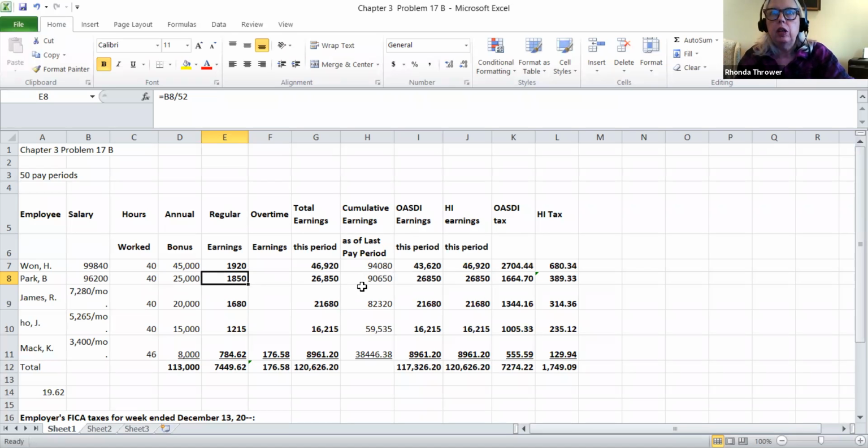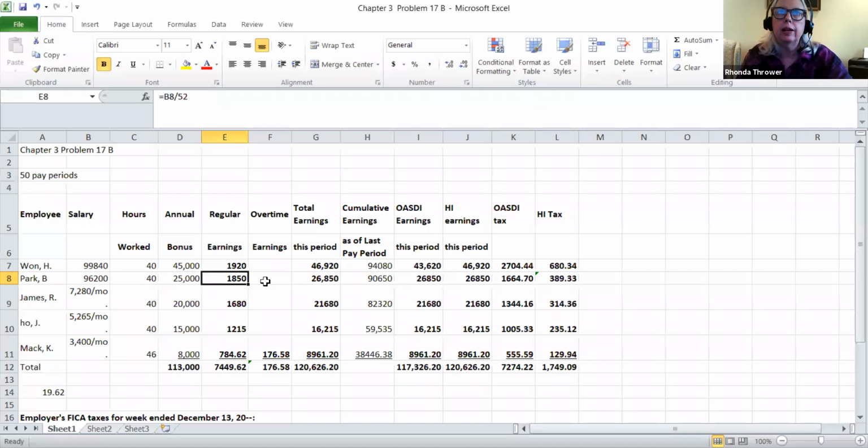It's important to note the cumulative earnings as of the last paycheck. That would have been $1,850 times 49 paychecks. That's how they got this amount, but they actually gave it to you. And if you take the amount of cumulative earnings for your period of time and you add the bonus of $25,000 to that, this time you do not go over the base.